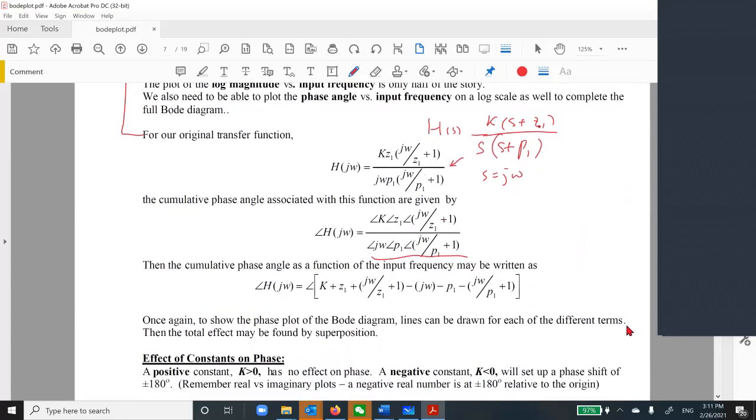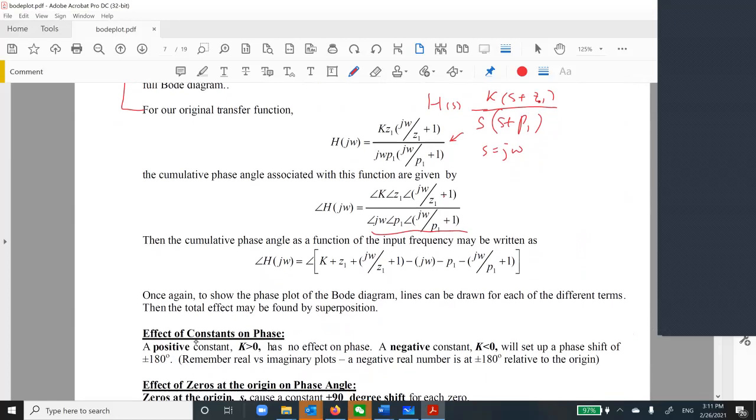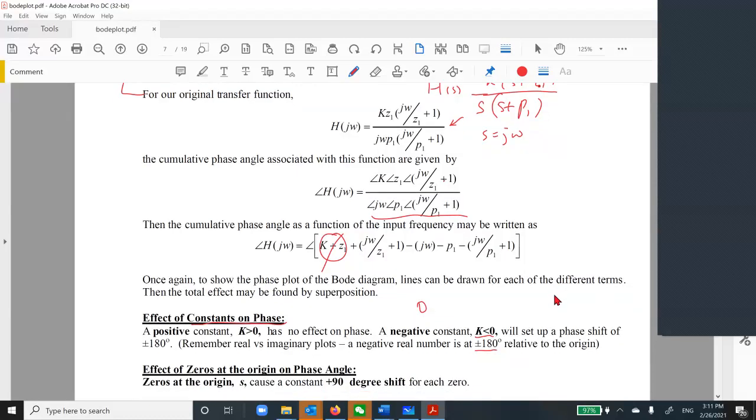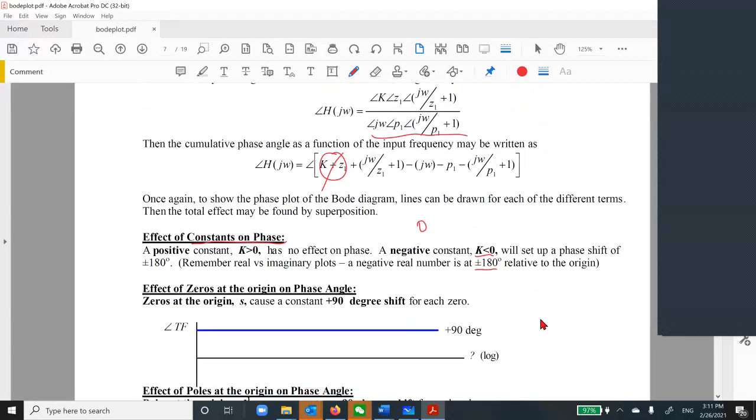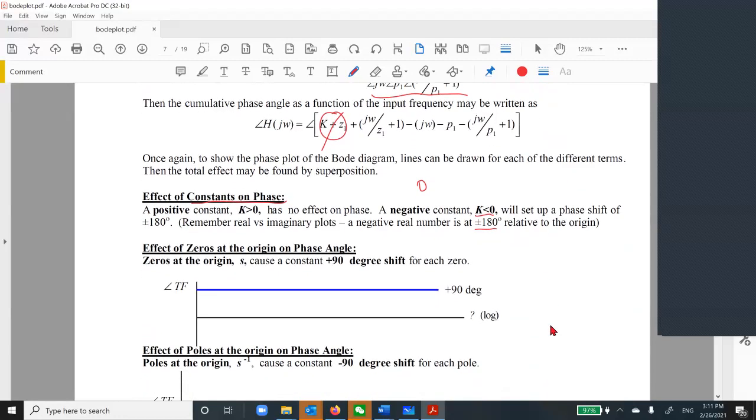For all the constants, the constants have no effect on phase, it's 0. But if you have a gain K less than 0, negative, then you should not consider 0; we should consider plus or minus 180. We usually don't have that negative sign. But if you have zeros at the origin, that means you have a j omega.